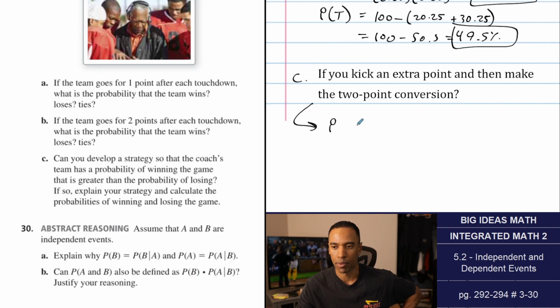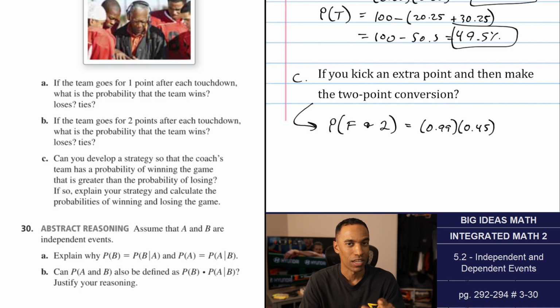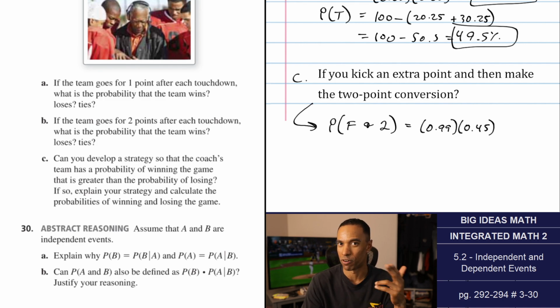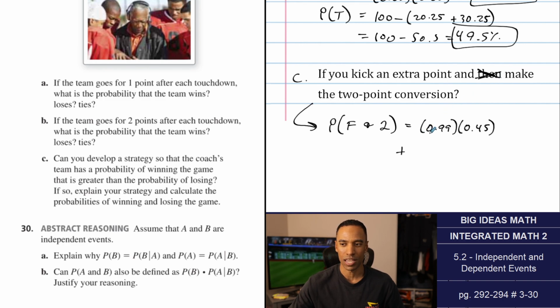I just want to see the probability of field goal and 2-point conversion. So that's a 99% chance of making the first, and then 45% chance of making the second. That doesn't sound like more than 100%, but you can do that in more than one way. You could also do the 2-point conversion first and the field goal second as well. So I think you do get to add those ones up. I shouldn't say and then. I should say either or.